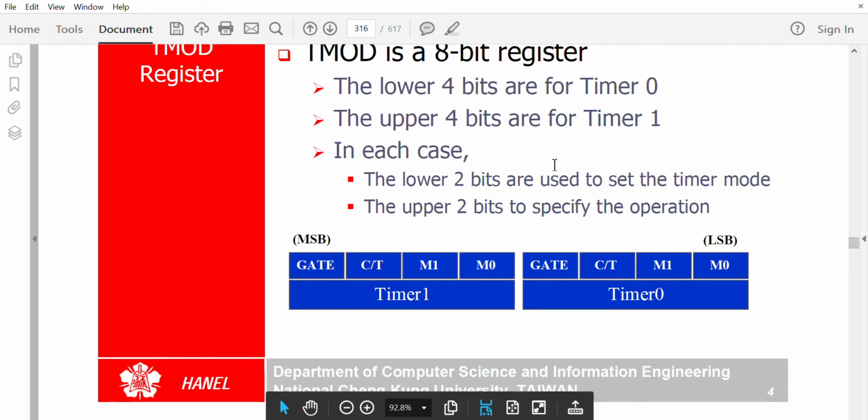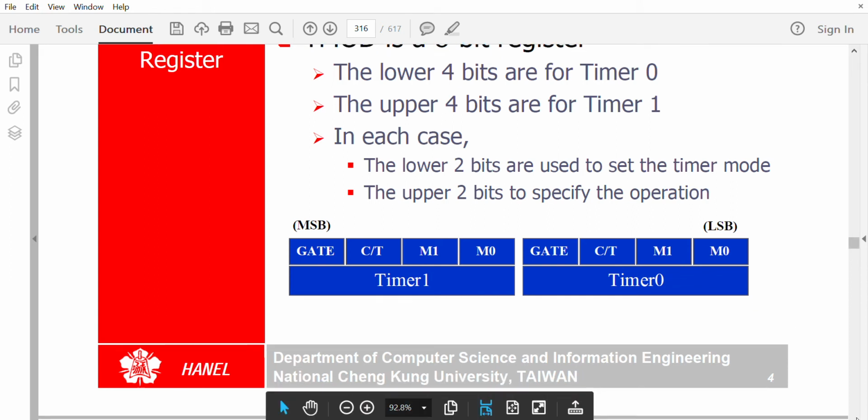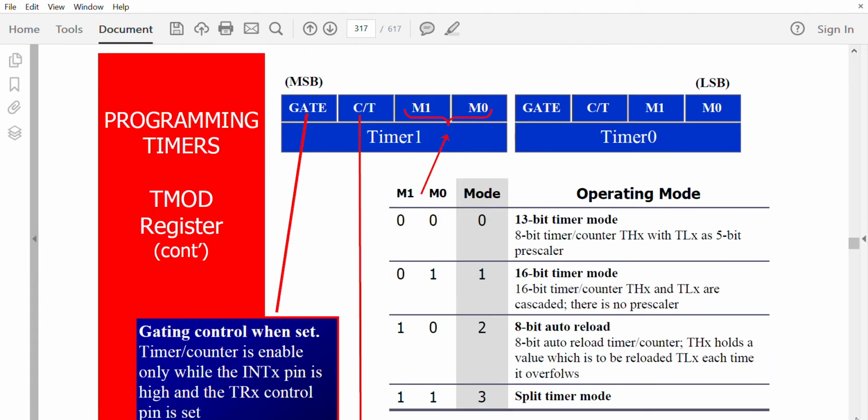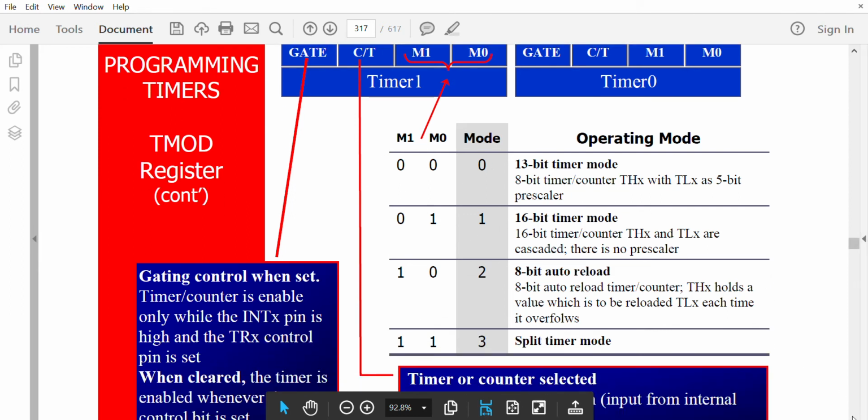The low order 2 bits are to set the timer mode, M1, M0. M1, M0 can be 00, 01, 10 and 11. Those will set the timer modes. Simply you can say it is mode 0, 1, 2, 3.